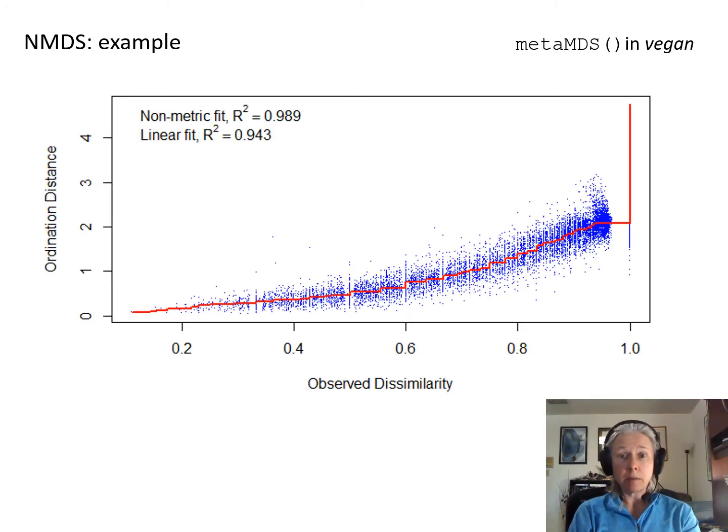Another nice thing about MetaMDS is that its stress plot comes with both nonlinear and linear R-squared values, and I think that this is slightly more intuitive than just R, little r.